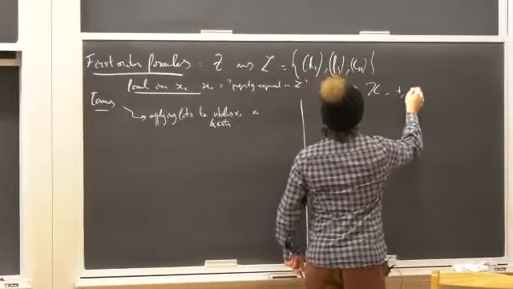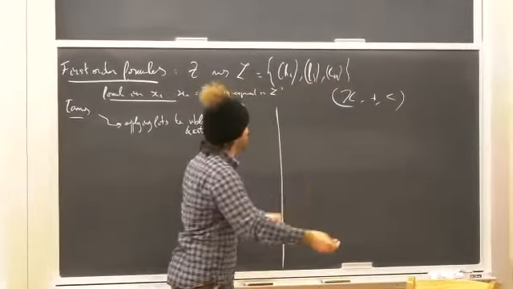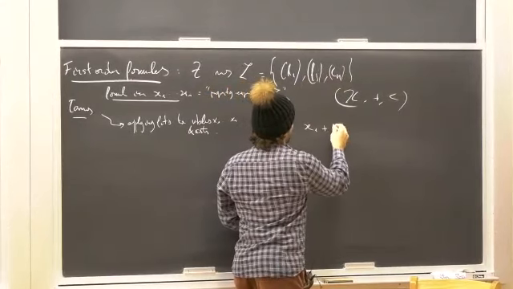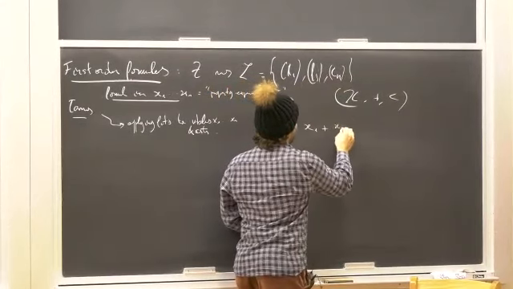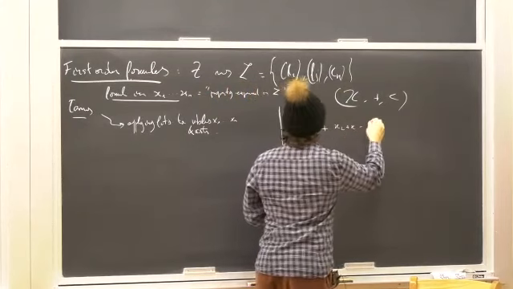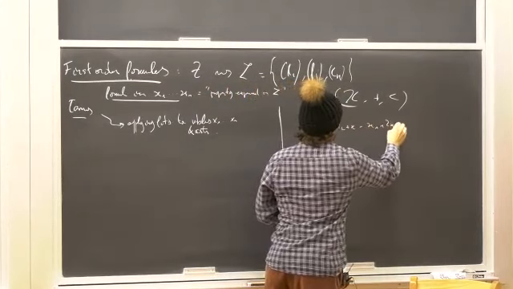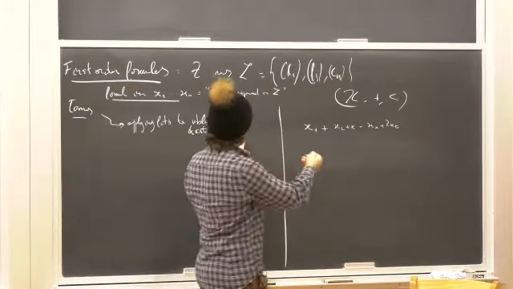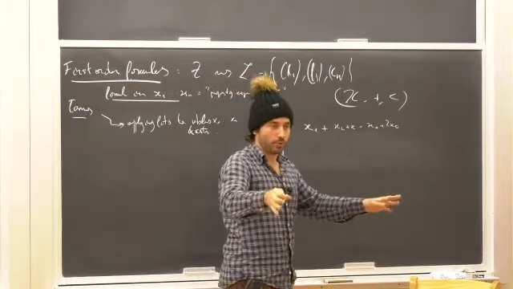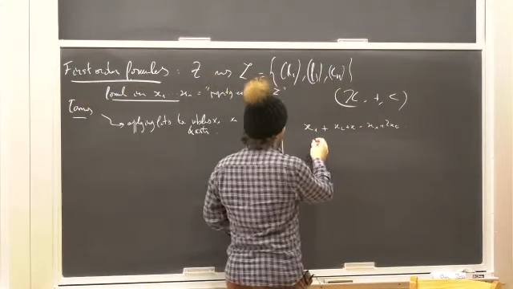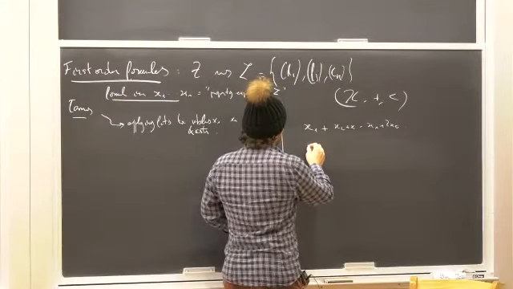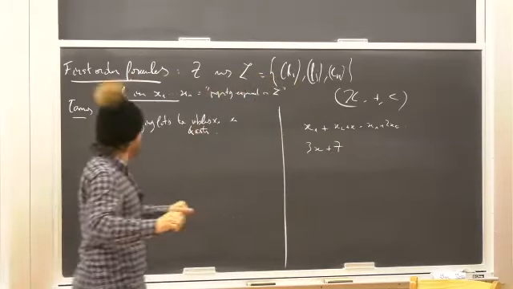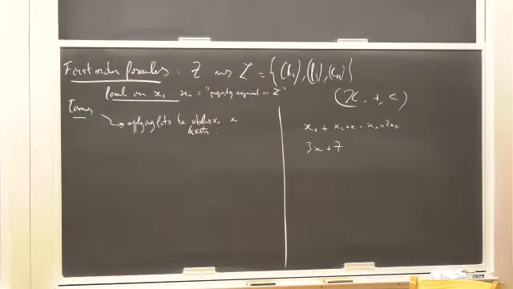So for our favorite example, how do you do terms? You just write expressions like x1 plus x2 plus x2, which we will write x1 plus 2x2. And also we allow every parameter in the language in the terms. So 3x plus 7 is a term for us.